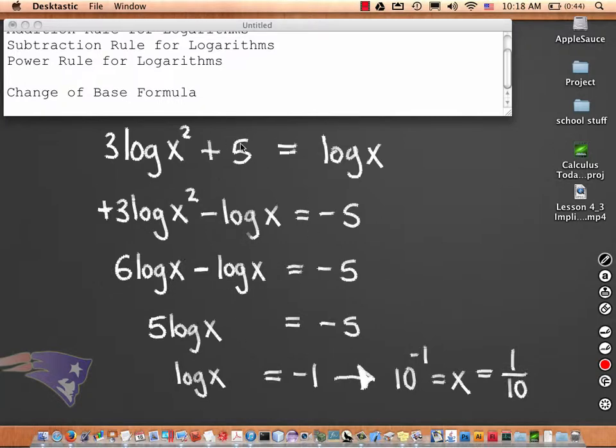When we take 1/10 and plug it back in, it's not a problem, so it will work. Mr. Partridge, I did it the other way, not subtracted the 3 log x, and I got really big numbers. Well, then something was done wrong. You subtracted this to the other side, right?